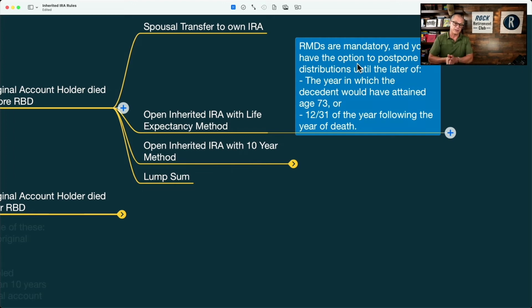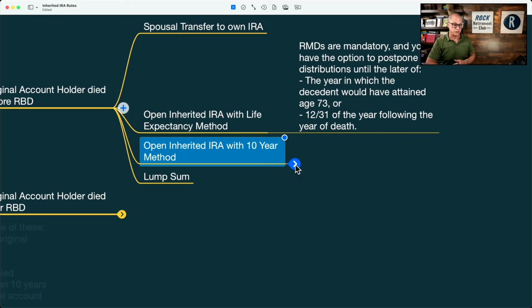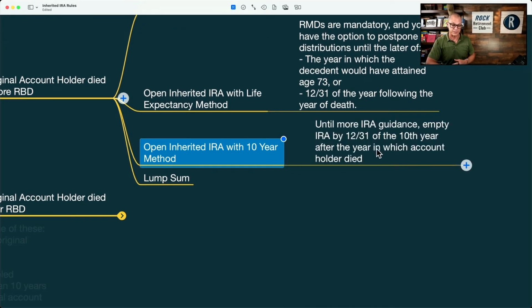So if the person that died was 72, and a spouse established an inherited IRA under this method, once the decedent, if I can say that right, had reached age 73, then they would do required minimum distributions based on a life expectancy. So that would be one option. The next option is the spouse could open up an inherited IRA using what's called the 10-year rule method.